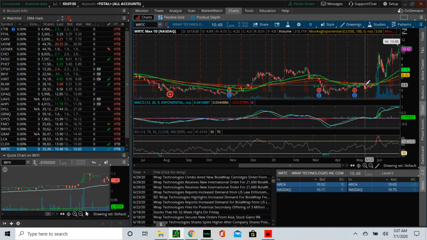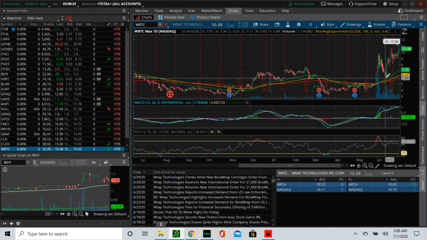WRTC, maybe. Kind of fits, but kind of doesn't. It really traded way below the EMA, and then was flat on the EMA for a long period of time, only like a couple of days, and then spiked up to the 50 EMA and then went back up again.